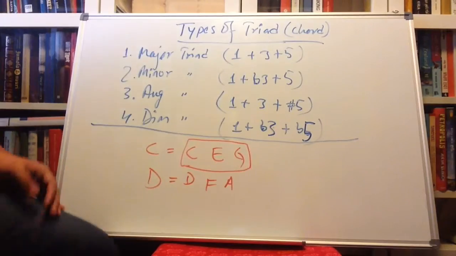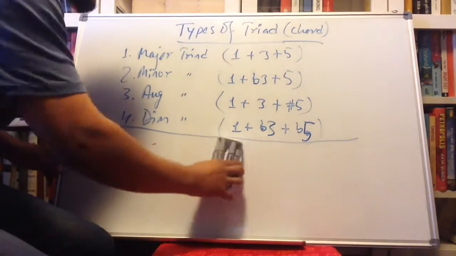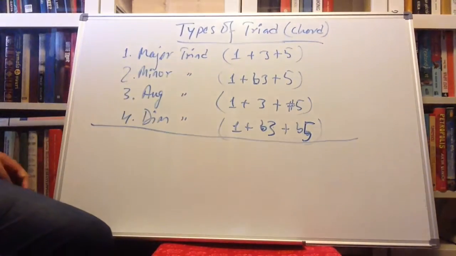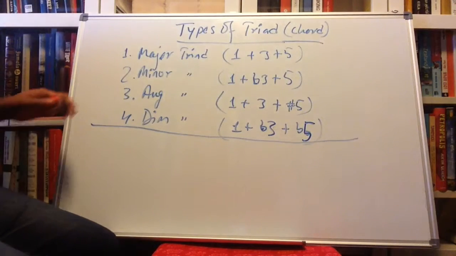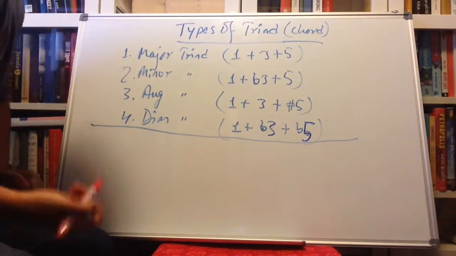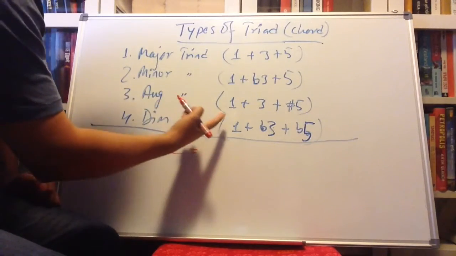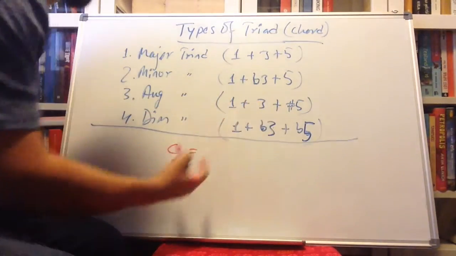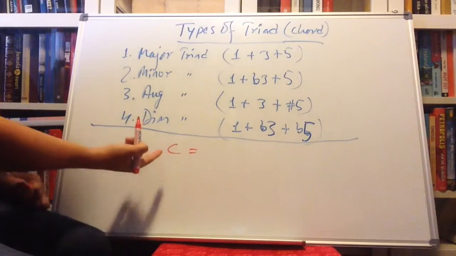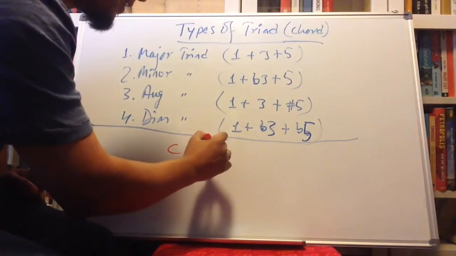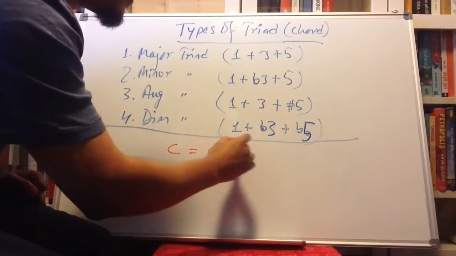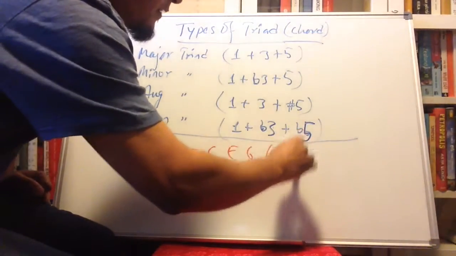So in the same way, let's take a quick example of augmented. For example, you need C augmented, right? So the formula for C augmented would be 1, 3, sharp 5. As we just took the example of C major chord, which was C, E, G. This was major triad.